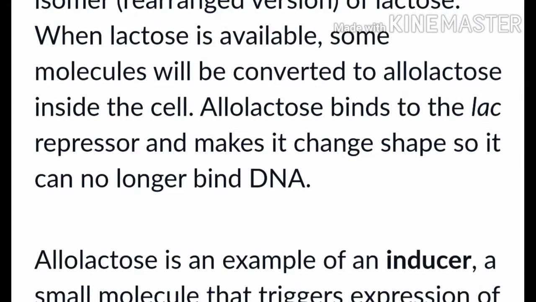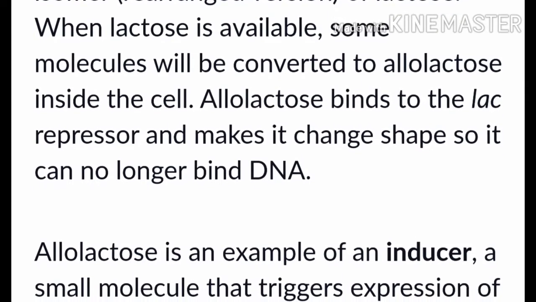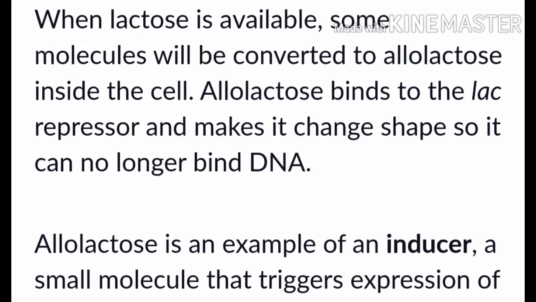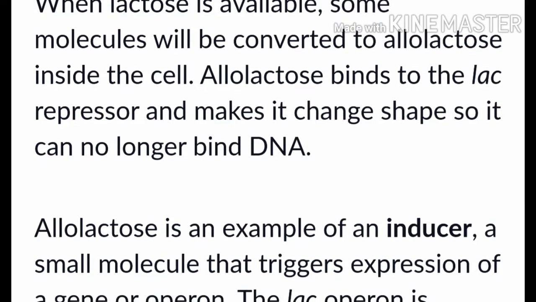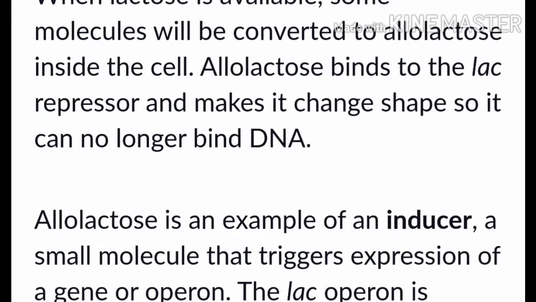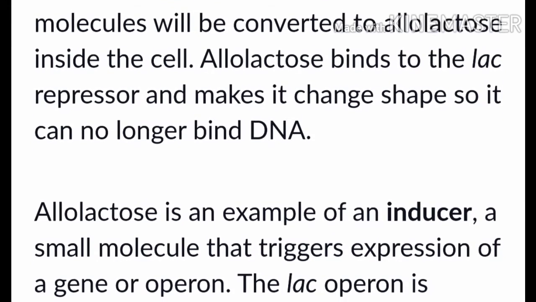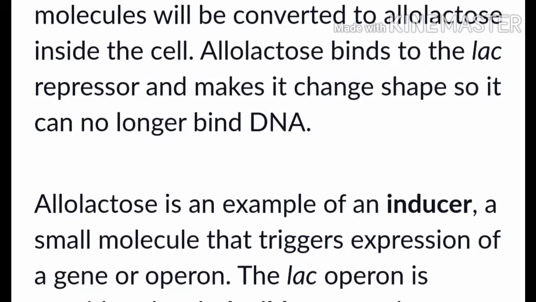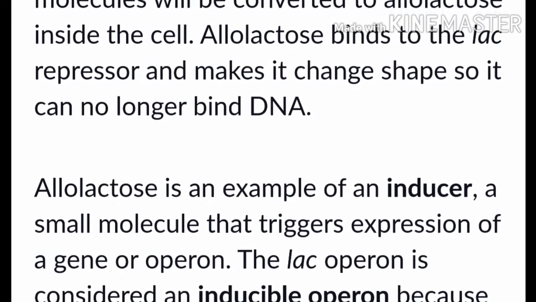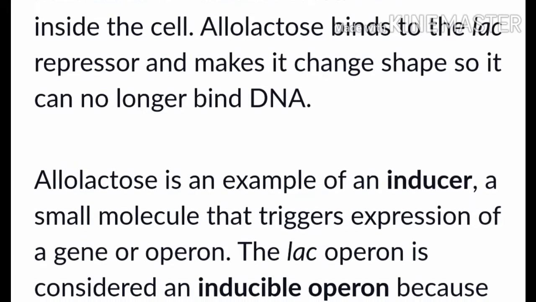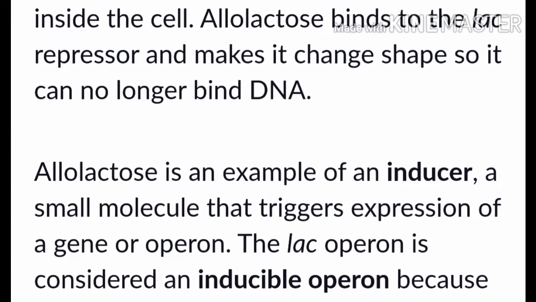Allolactose now binds to the Lac repressor and makes it change shape so it can no longer bind with DNA. And allolactose is an example of an inducer, a small molecule that triggers the expression of genes.